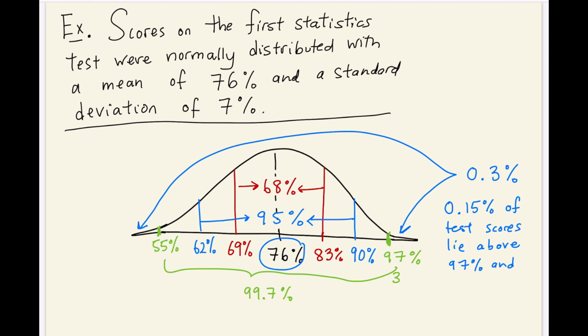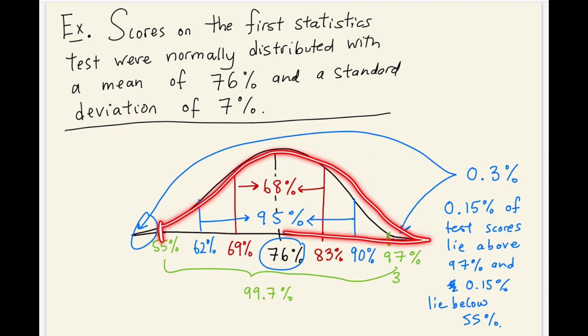And the other half, 0.15%, lie below 55%.